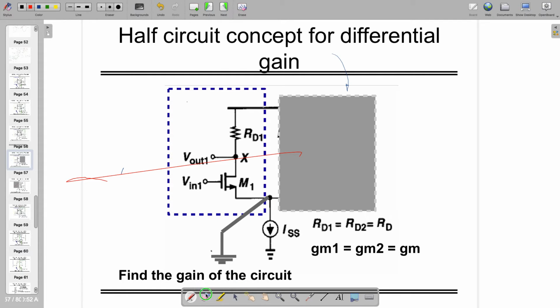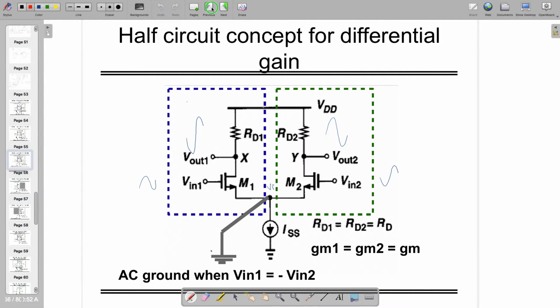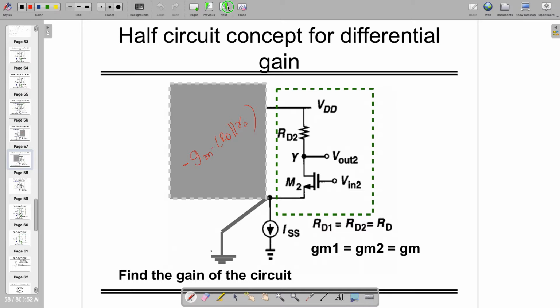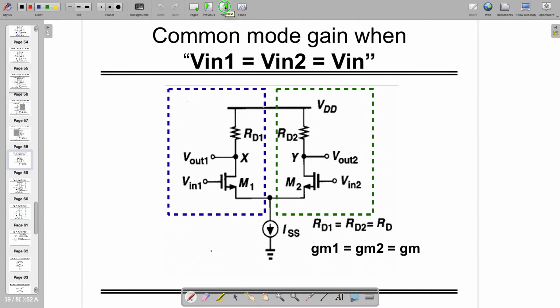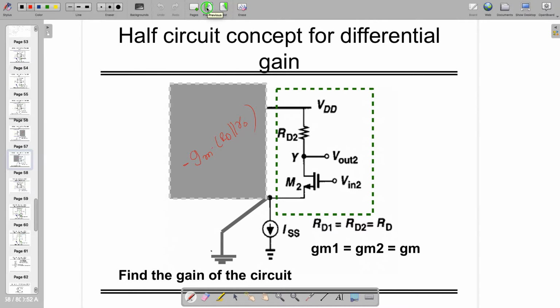What is going on? There's some problem here. And when you open it, you can have the gain.